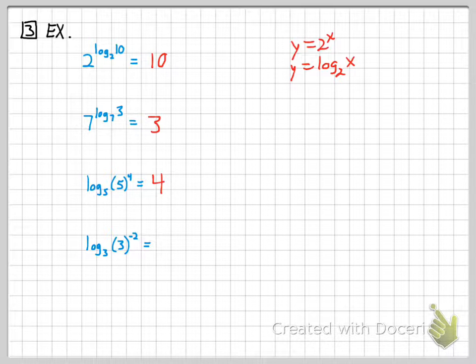Last one, log base 3 of 3 to the negative 2. Once again, a composition of an exponential and a logarithm with the same base gives you negative 2. Quick side note, you want to make sure that the bases do match. You can't do this trick unless you are working with the same base b.